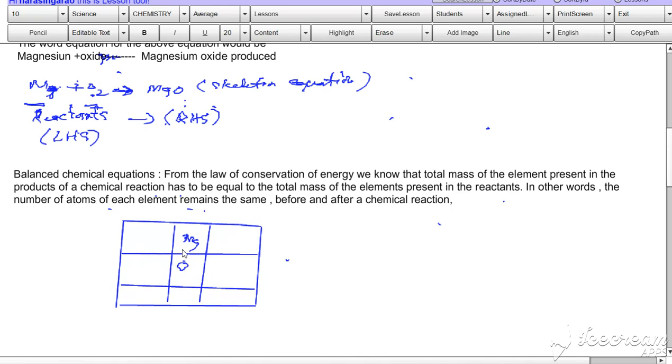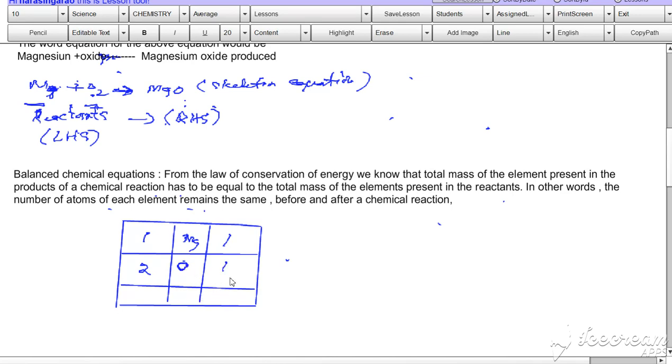Magnesium on the right hand side is only one, and on the left hand side also it's one. Oxygen on the left hand side is 2, and the right hand side is 1.